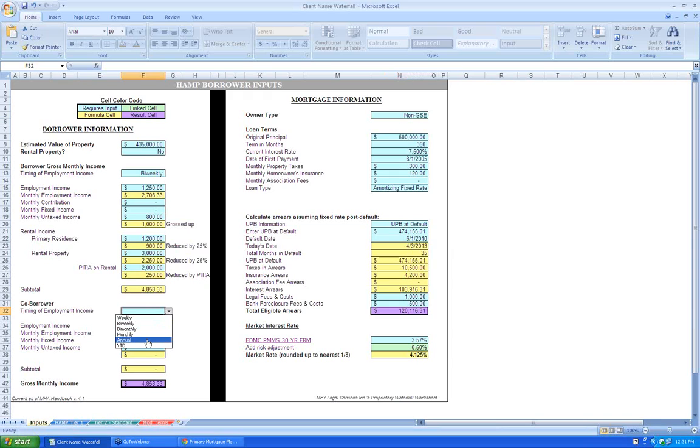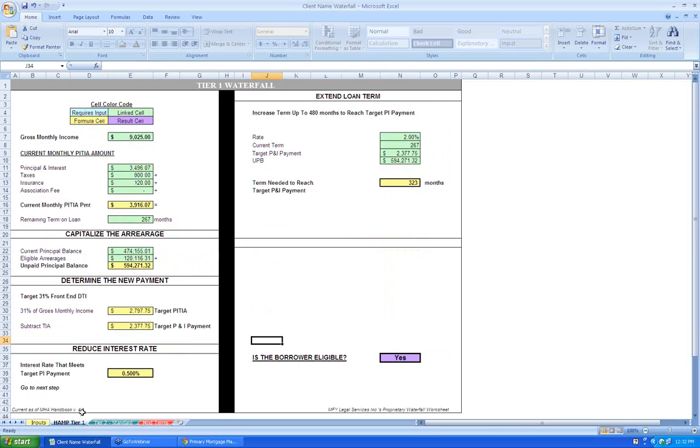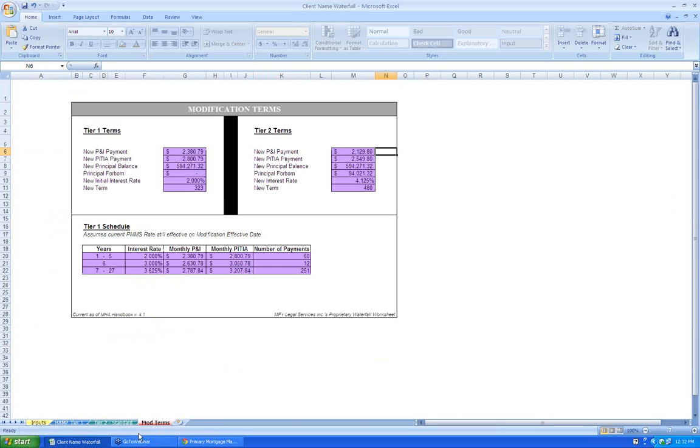Conversely, if we increase their income to, say, $50,000 as part of their annual component, then they'll pass the Tier 1 waterfall sooner. They won't need as much term extension, and they won't need any forbearance. So those parts will just blank out. So when you see their mod terms, you'll see that they have less than 480 payments.